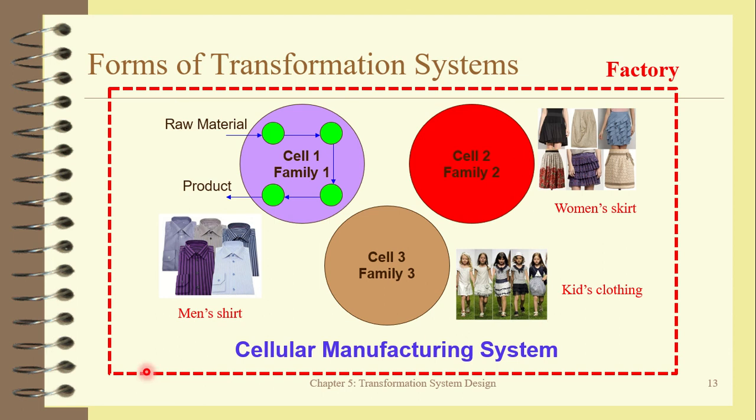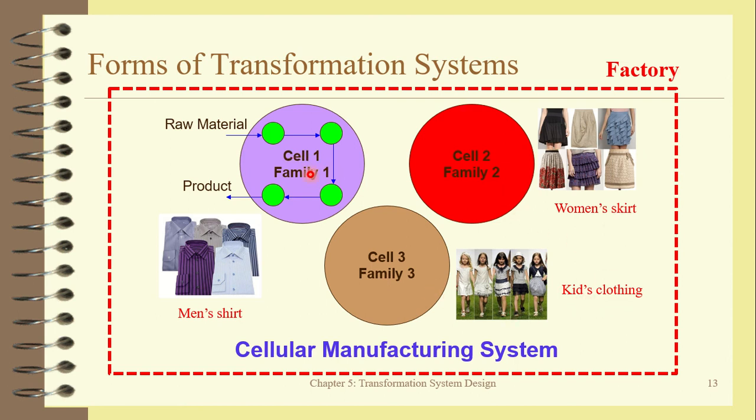Instead of producing using one individual line for each shop, in this case they divide the shop into small parts. Cell number 1 produces maybe men's shirts. Cell number 2, the family of the product is women's shirts. And cell number 3 produces kid clothing.